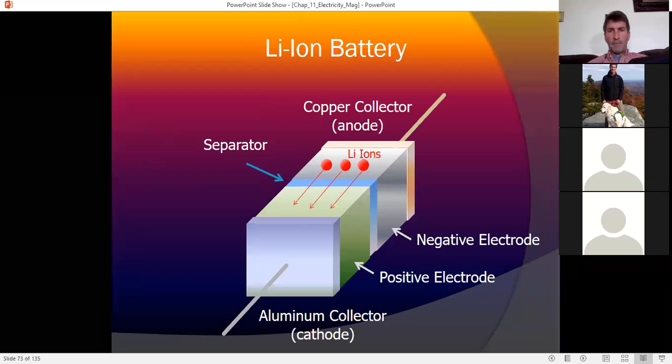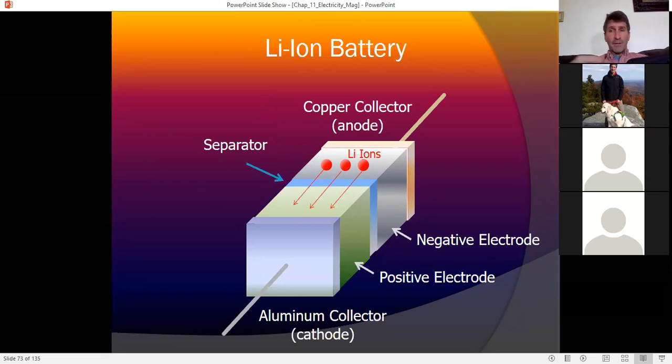Oh, by the way, talking about batteries, lithium ion batteries work like many other batteries, allowing charge to move from one electrode to another electrode.